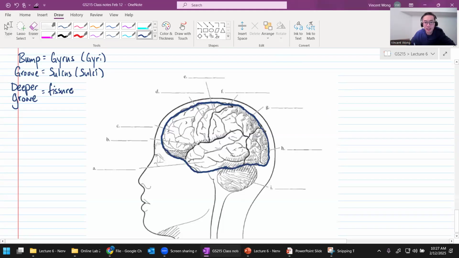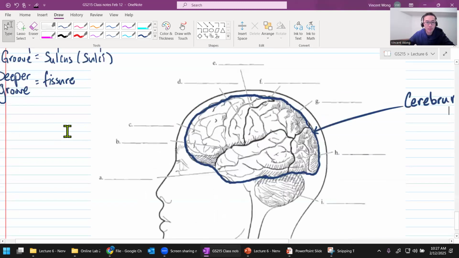That is actually just part of the brain, and it's called the cerebrum. And the cerebrum is separated into different lobes, and each lobe has a different function.